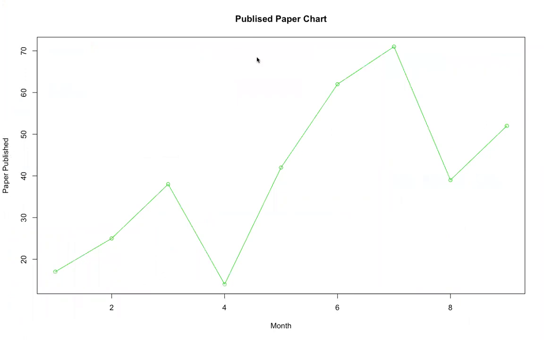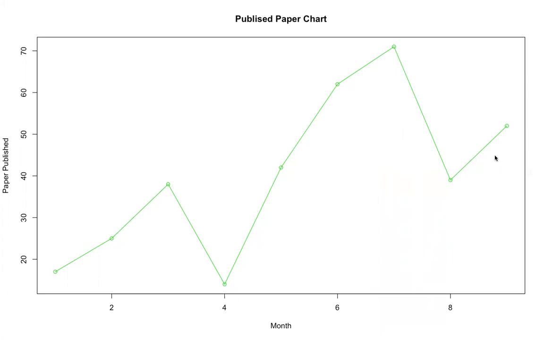This is the published paper chart. In this way, you can get your graph here. So this is your line graph. In the line graph, we can put multiple lines also.